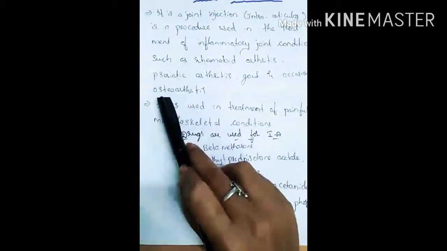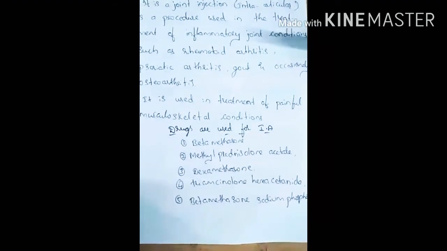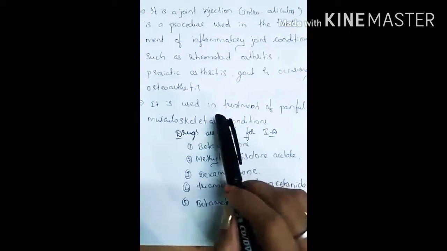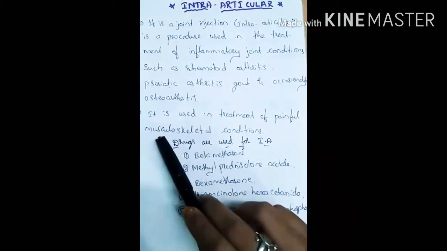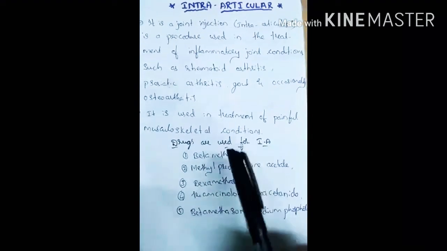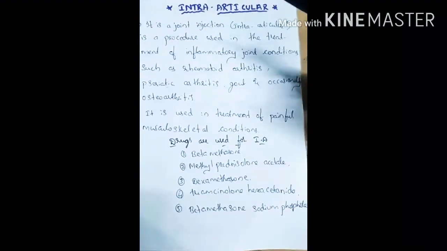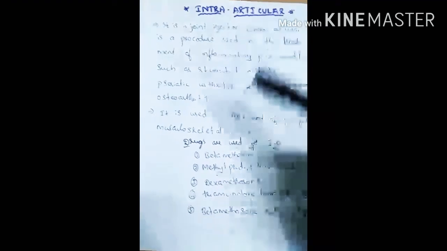Osteoarthritis is also an inflammation at the ends of bones when they wear down. So it is used in the treatment of painful musculoskeletal conditions. It is a joint injection, used when joint pains occur.